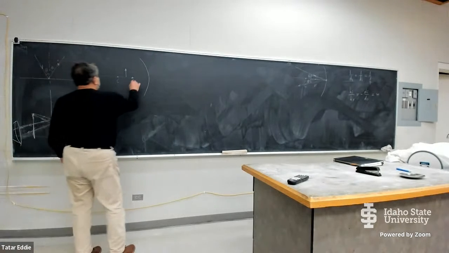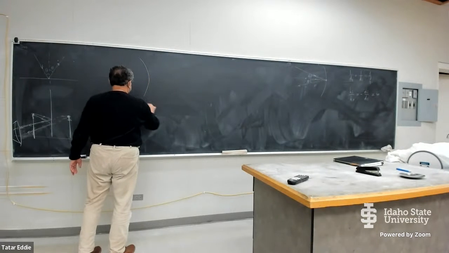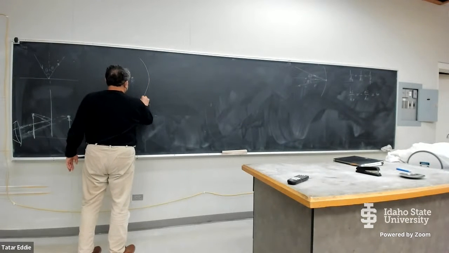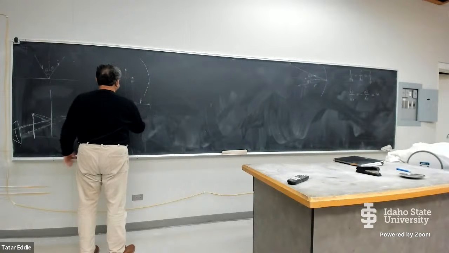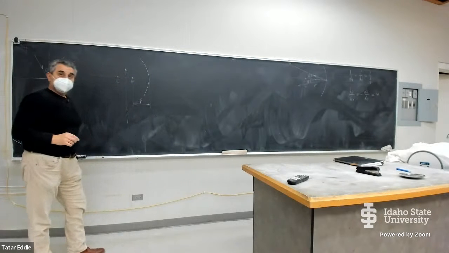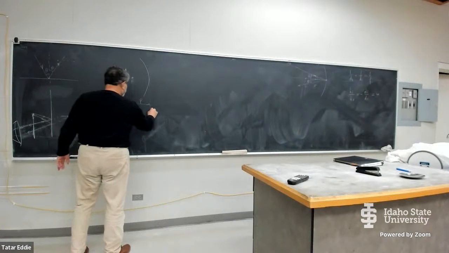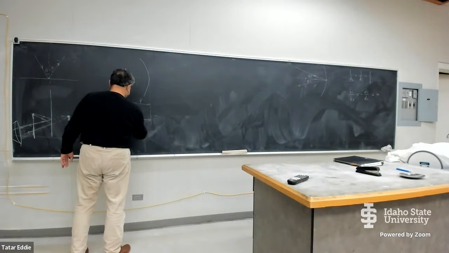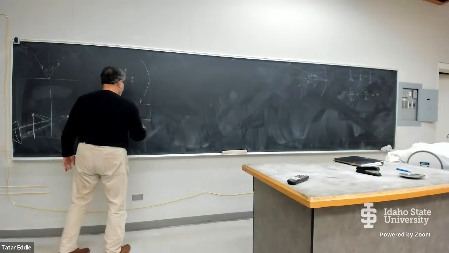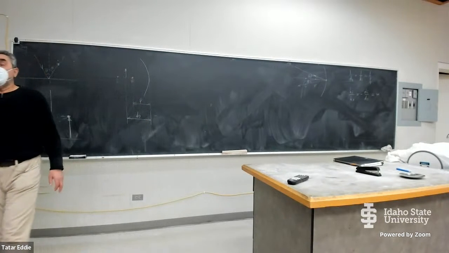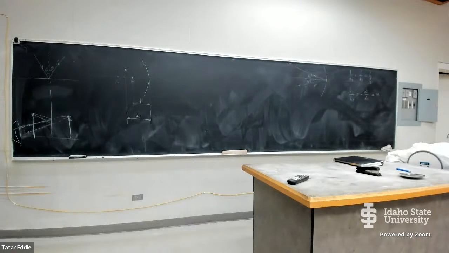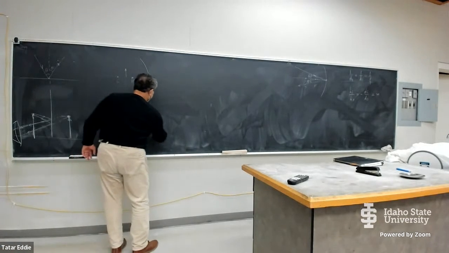So here is the focal length. Here, the distance between the object and the mirror is called DO. When the object is located to the left of the mirror, DO is always a positive number.